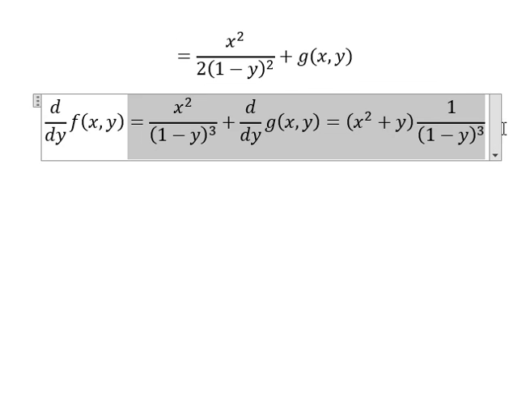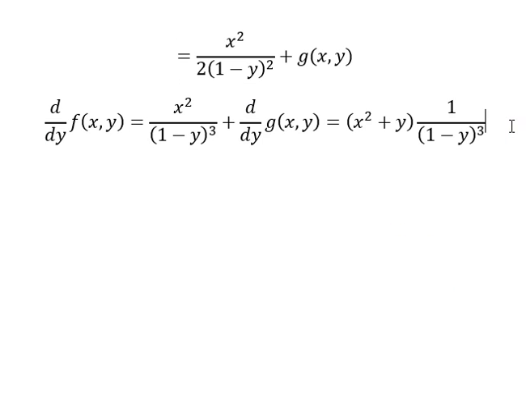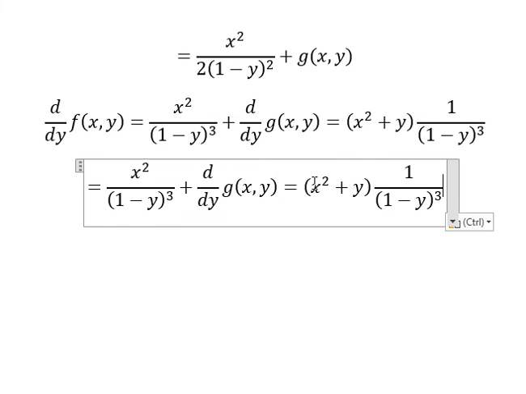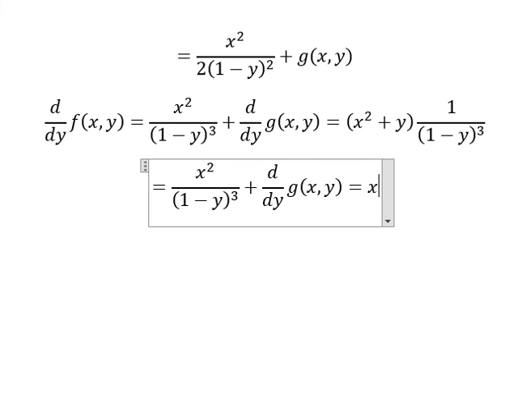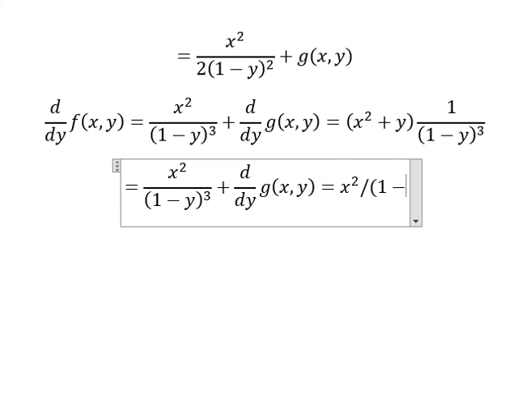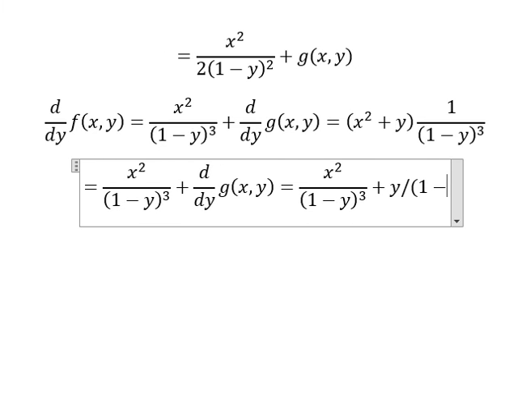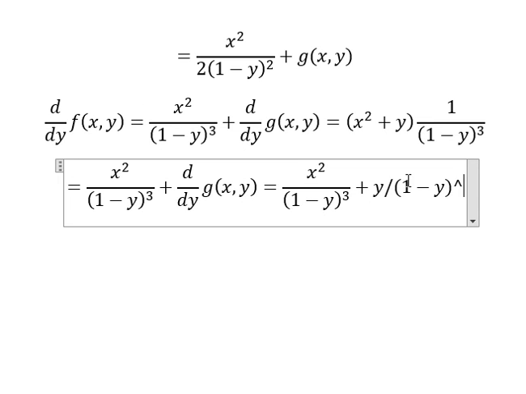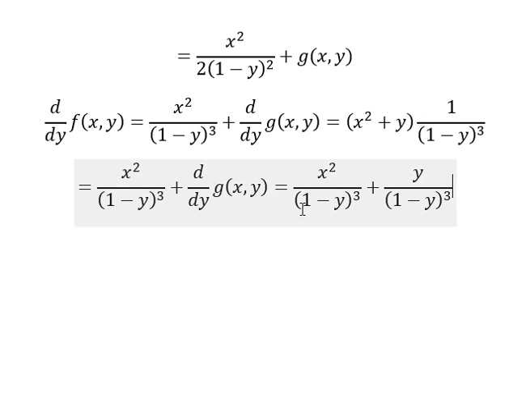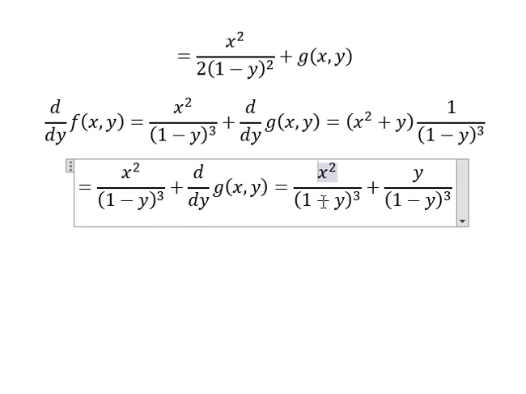Now we need to simplify. So this one we have s squared over 1 minus y to the power of 3. And we have y over 1 minus y to the power of 3. So we simplify for the both sides.